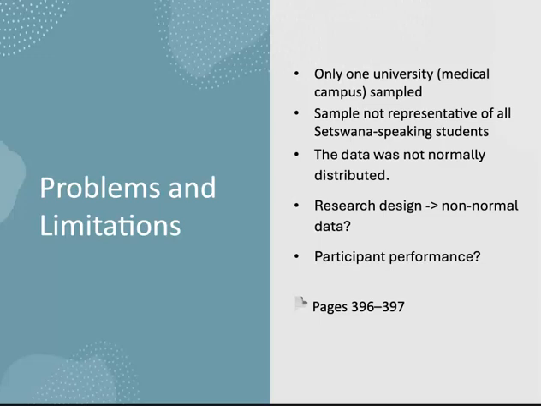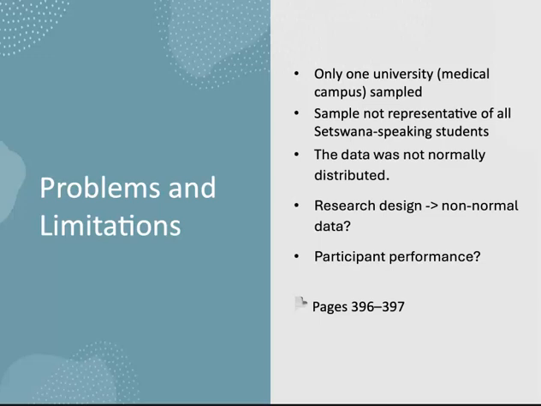See the start of the discussion section, page 397. The sample may not represent a broader South African population because the sample came from medical students and from only one university. So the results might not represent all Setswana speaking students in South Africa.